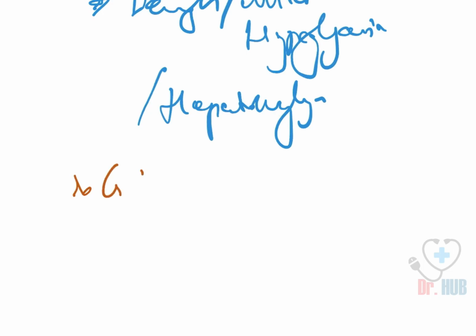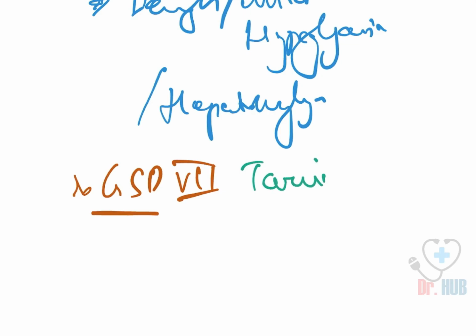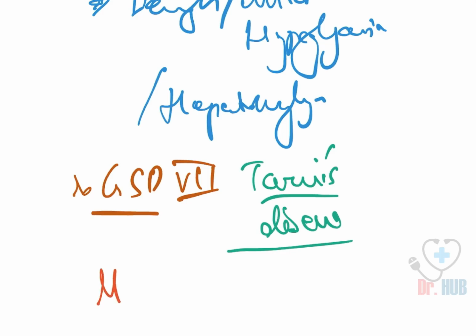Then we look at the GSD type 7. GSD type 7 includes the Tarui's disease. So the enzyme defect here is the muscle phosphofructokinase. So what are the features, the symptoms of this?